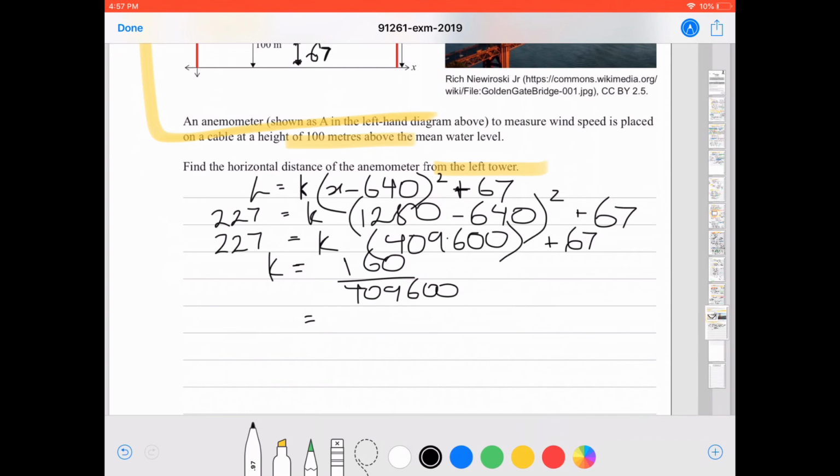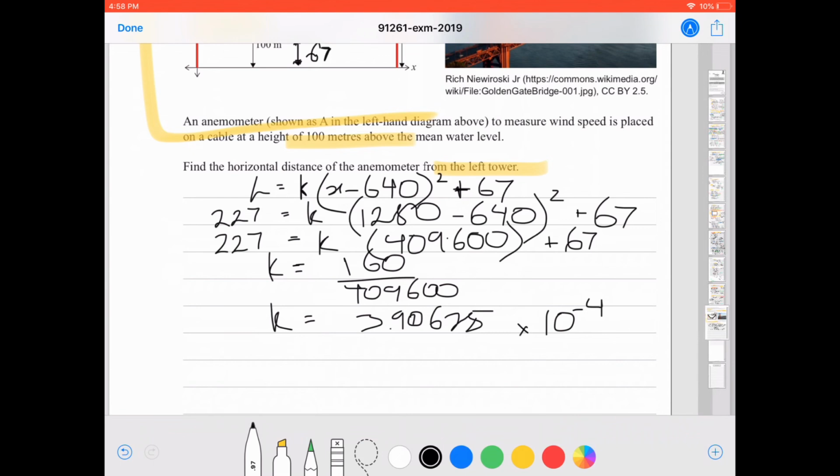Now what is that? 409,600, or you could say 640 squared. That is 3.90625. Calculator gives it in standard form, times 10 to the negative 4. Okay? And so that's our value for k.